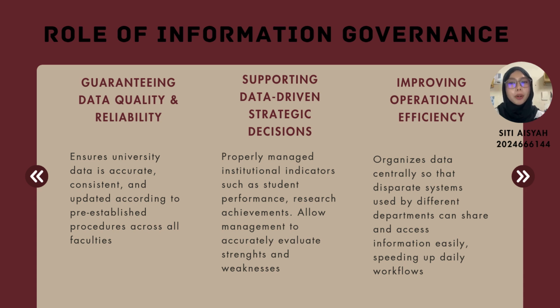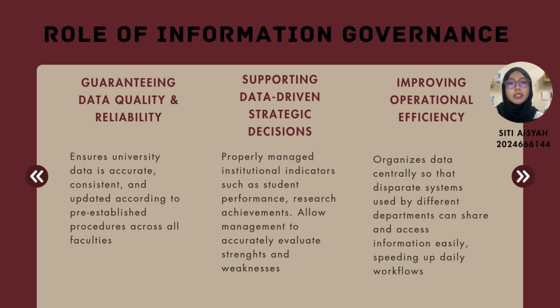First, let's talk about the key roles of Information Governance, or IG. As you can see, it acts as a foundation across three main pillars. First, it makes sure our data is high quality and valuable. By using the same standard steps across all faculties, we can trust that our data is always accurate. Second, it helps us make smart decisions based on real data.